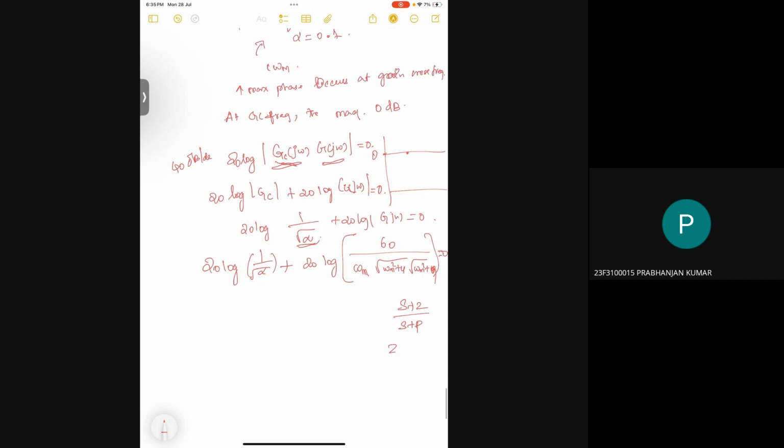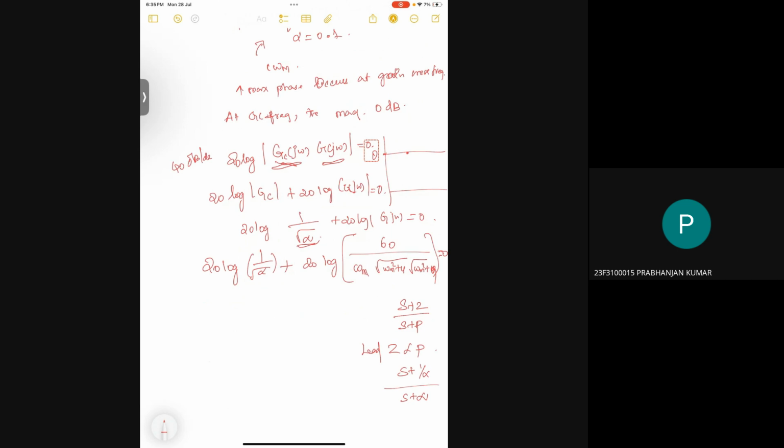Then Z will be greater than P for lead, right? So if I consider s plus Z, it will be lesser. So this will be right. Yes, in this form, we can write that.